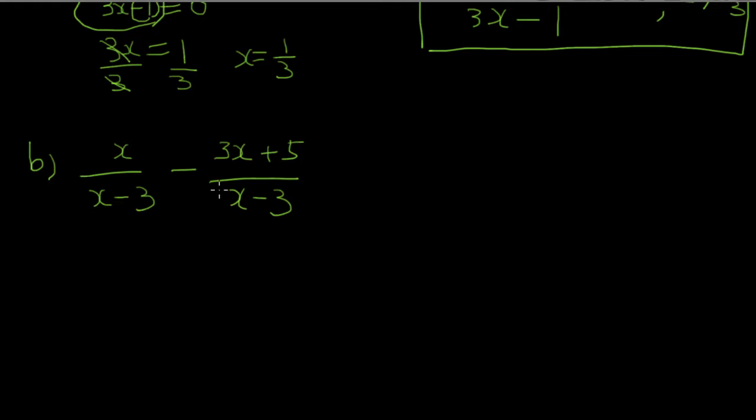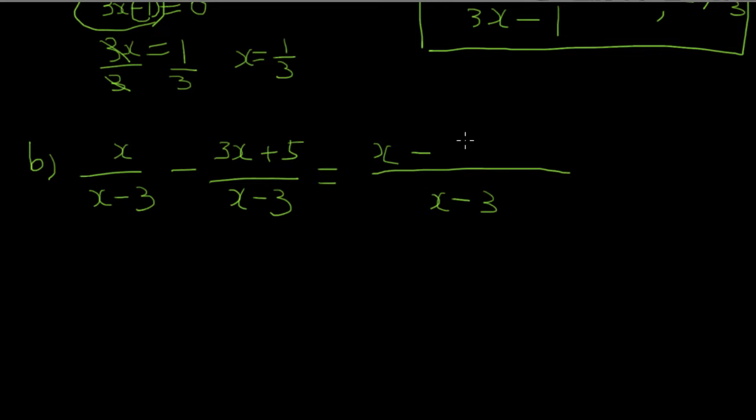Well, this is rational expression subtraction. This is pretty straightforward as well. Since we already have a common denominator, all we need to do is simply combine that together. x, this part right there, minus.